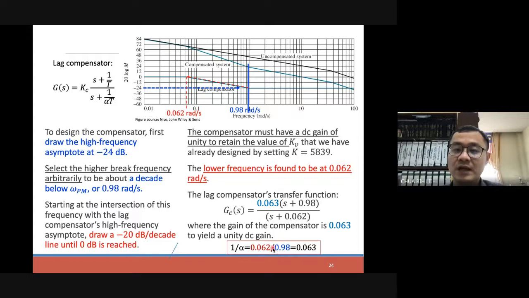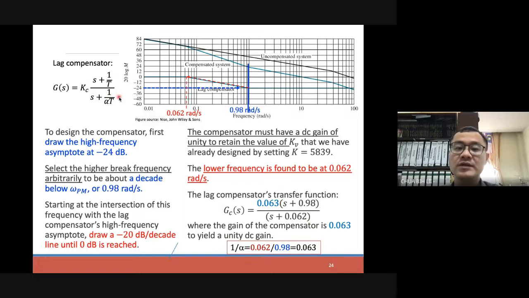0.062 divided by 0.98, our attenuation frequency over there. So you get 0.063. This would be our value to be inserted over here, bracket s plus 1 over T, which is 0.98, divided by s plus, again, this one is the low frequency, which is 0.062.